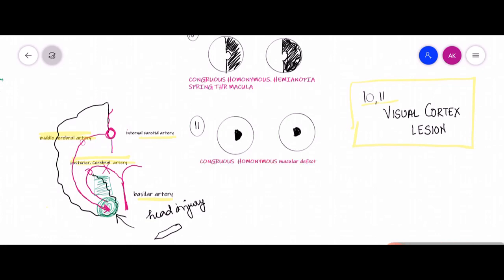Finally, we will not see any optic atrophy or any problems in the pupillary light reflex in the visual cortex lesions. So this was about the visual pathway lesions.